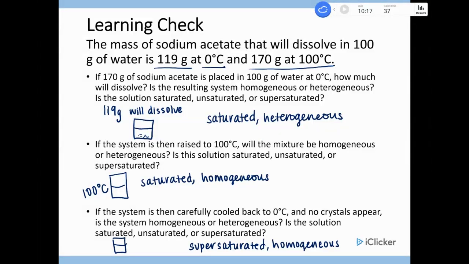They won't dissolve. But you can go through this process of heating it up and cooling it back down to achieve a supersaturated solution. So supersaturated is like this example. You have 100 grams of water at 0 degrees, and more than 119 grams are dissolved. So more than the solubility. So you always have to look back to the solubility, which would be provided like in a table or in the statement.